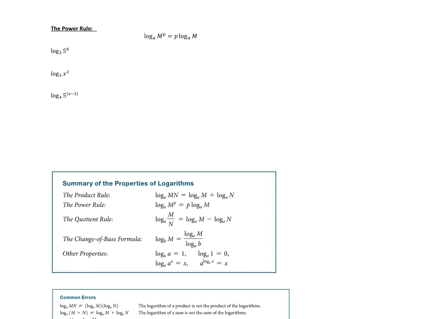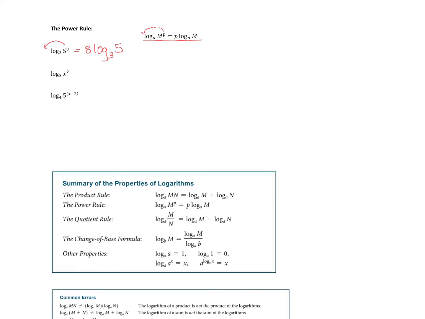Our third and final rule is the power rule, which says if you have the log base a of something to a power, you can bring that power down in front of the logarithm. So for this example, if we have log base 3 of 5 to the 8, we could bring that 8 down and make it 8 times the log base 3 of 5.